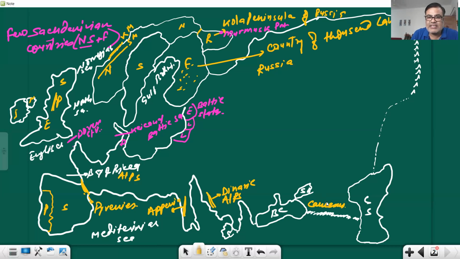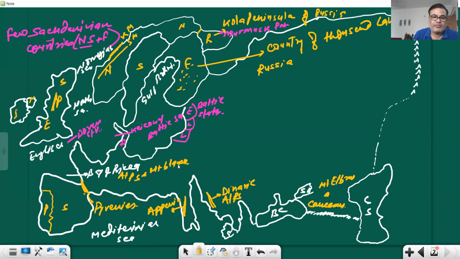Remember, the Caucasus has the highest peak of Europe. The Alps hasn't. Most people think it is the Alps which has the highest peak. No, it is the Caucasus and its name is Mount Elbrus. And the highest peak of the Alps is Mont Blanc.